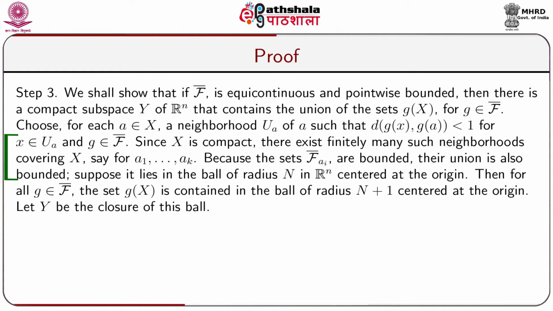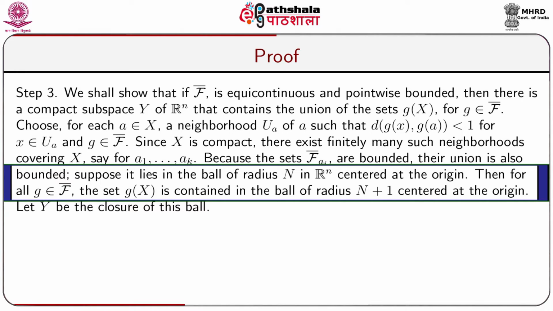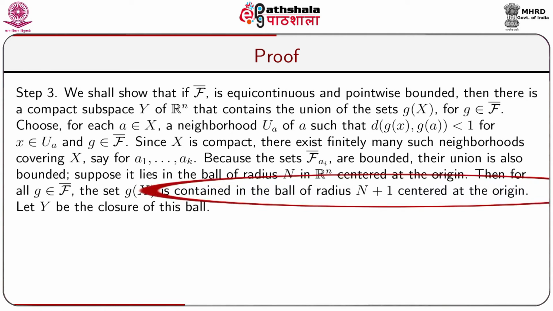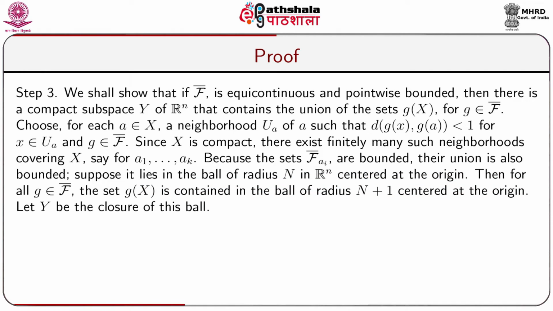Because the sets G_{a_i} are bounded, their union is also bounded. Suppose it lies in the ball of radius capital N in R^n centered at the origin. Then for all g in script G, the set g(X) is contained in the ball of radius N plus 1 centered at the origin. Now let Y be the closure of this ball.